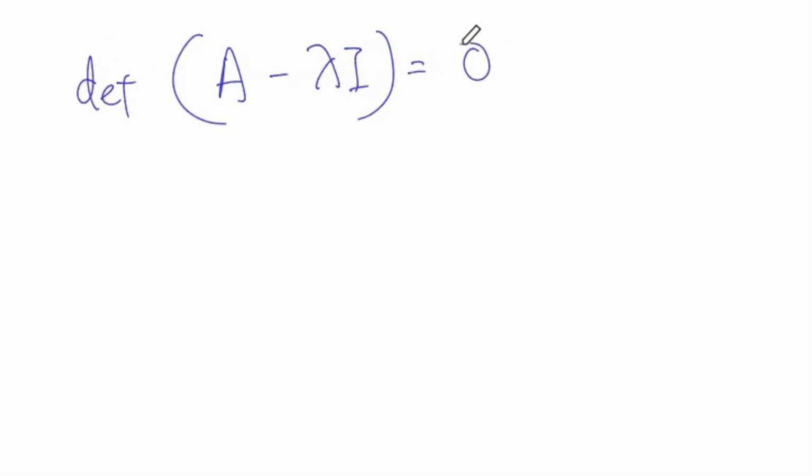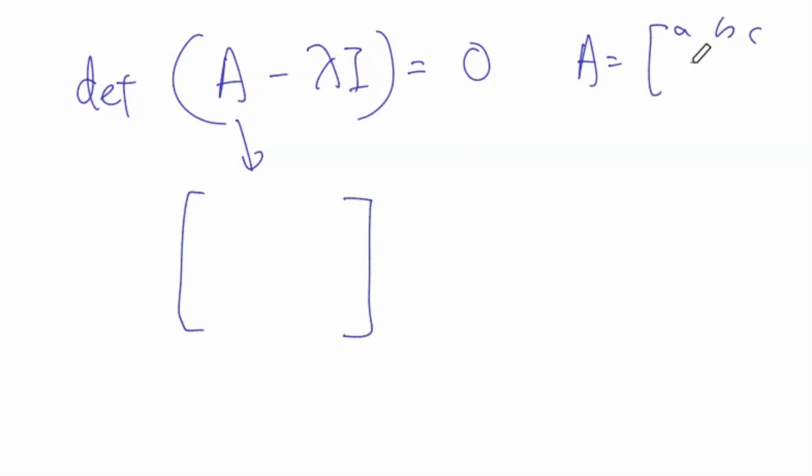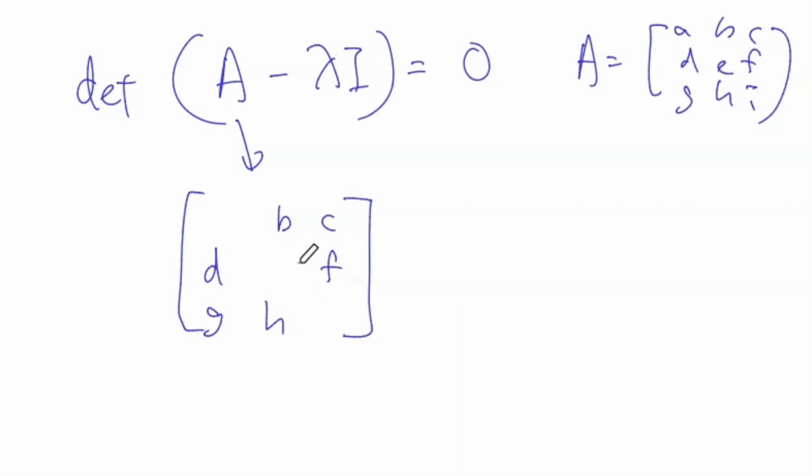Let's say A minus lambda I equal to... What we need to do here is substitute everything we know into the matrix A. Let's say A is equal to A, B, C, D, E, F, G, H, I. Then B, C remain, D, F remain, G, H remain, but those in the diagonal you subtract lambda from.